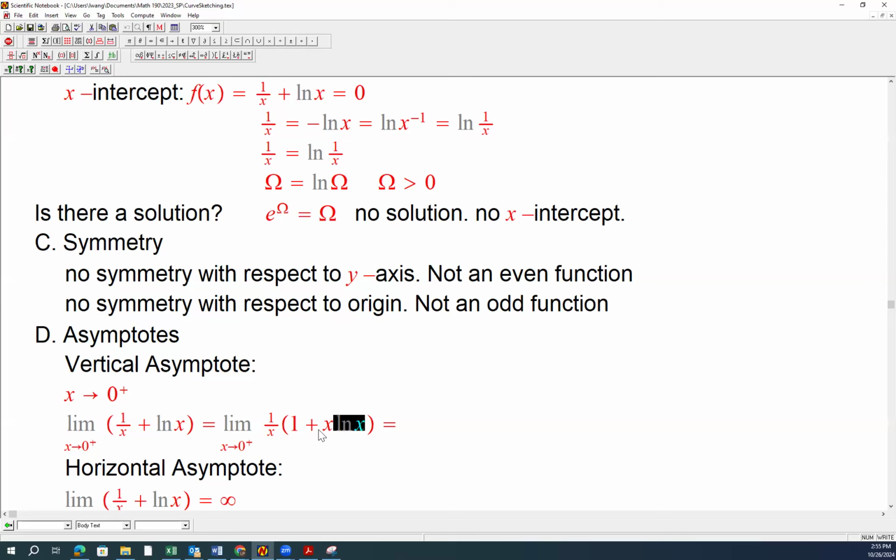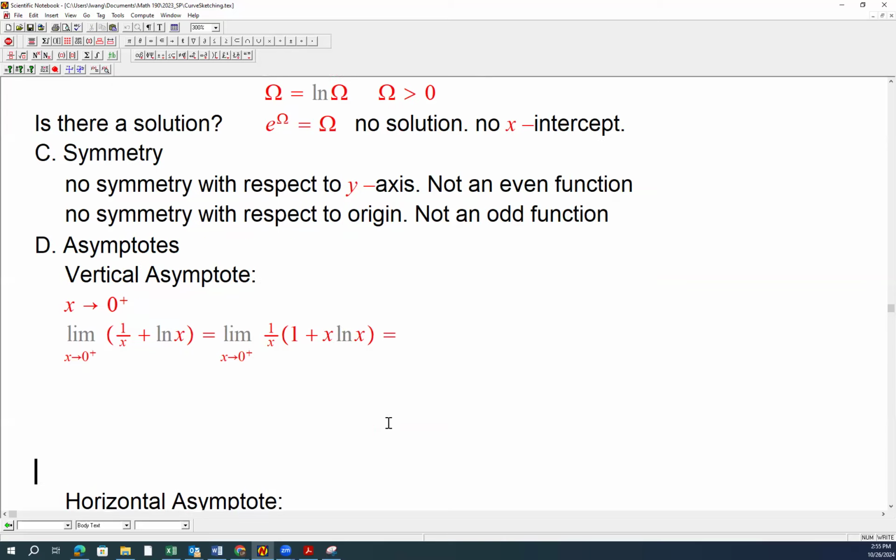Listen up. So something approaching 0 multiplied by ln x, which approaches negative infinity. For this, we're going to do a separate assessment. We cannot apply the limit law here.